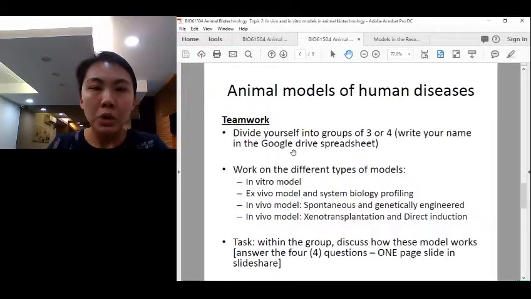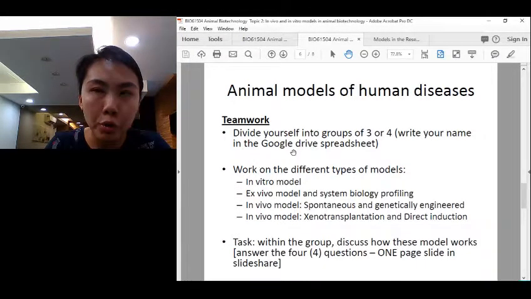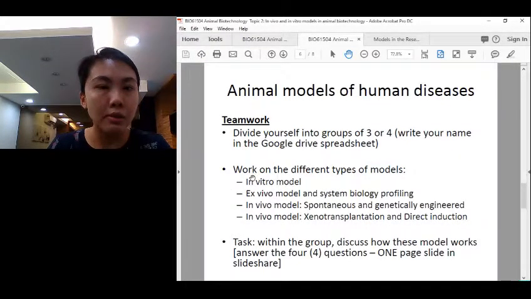What I would like you to do is, based on your grouping, there would be four groups in your class, and each group will work on a model. For example, group 1 will work on the in vitro model, group 2 on the ex vivo model and system biology profiling, group 3 on spontaneous and genetically engineered, and group 4 on the xenotransplantation and direct induction.